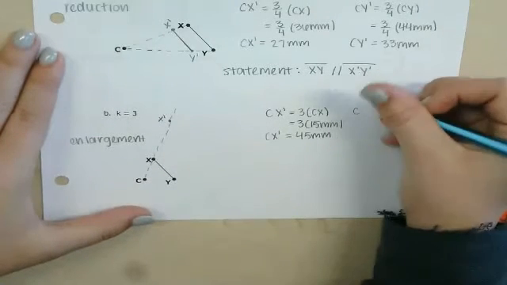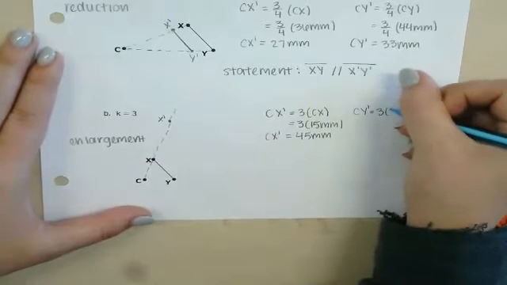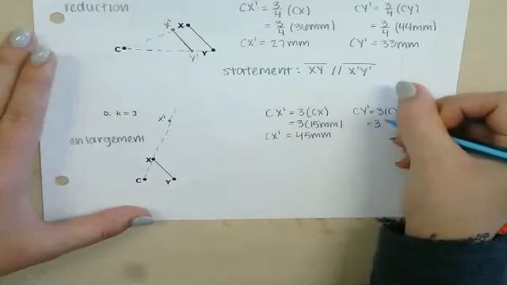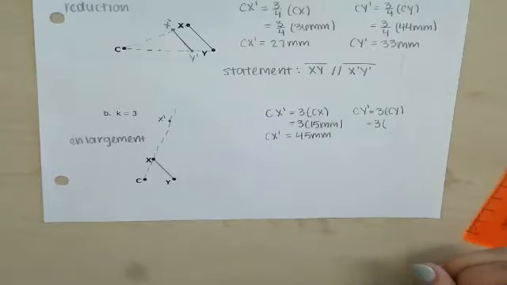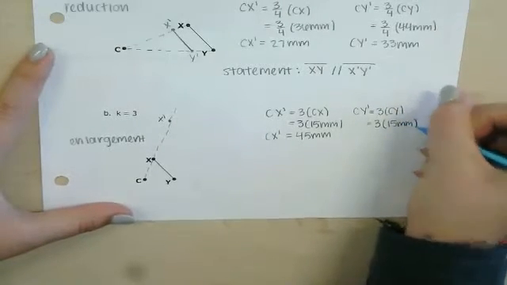So to find CY prime, I'm going to just need to multiply the original segment by 3. Okay, how long does it look like CY is? 15 or 16, same length. Okay, we'll just use 15 again then if it's the same.